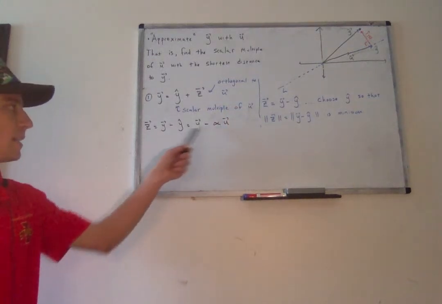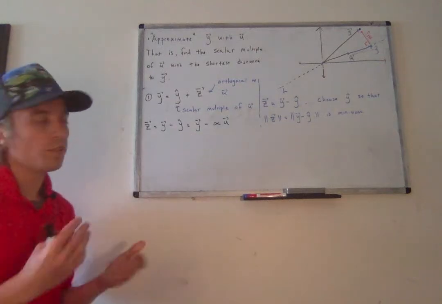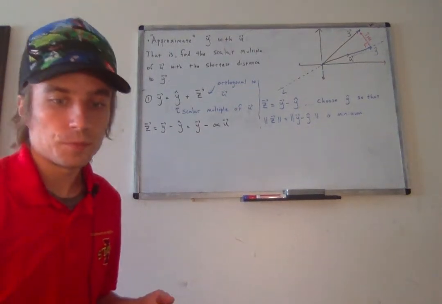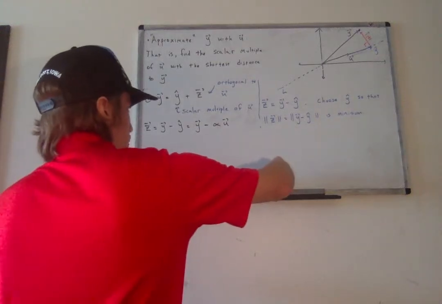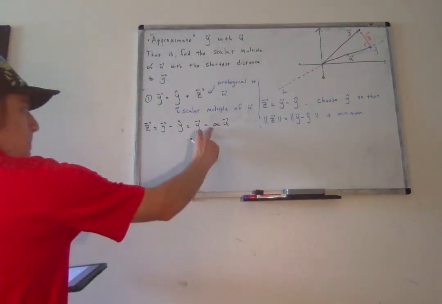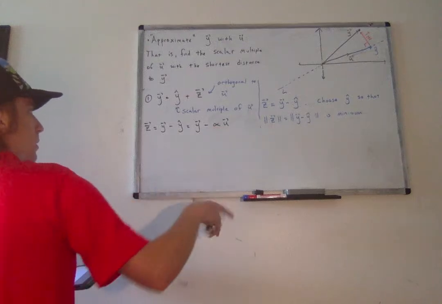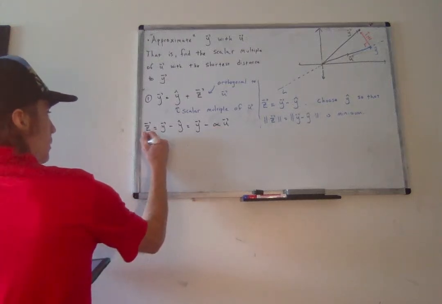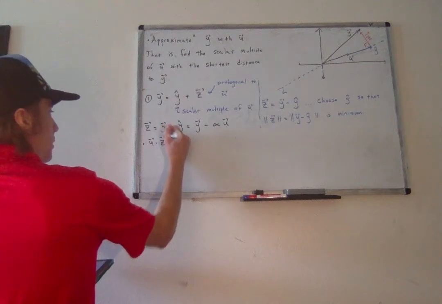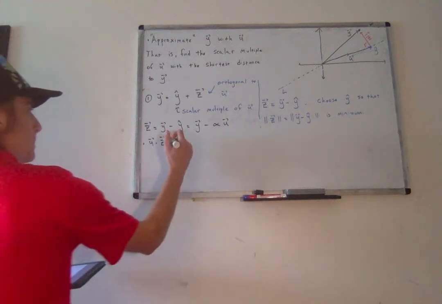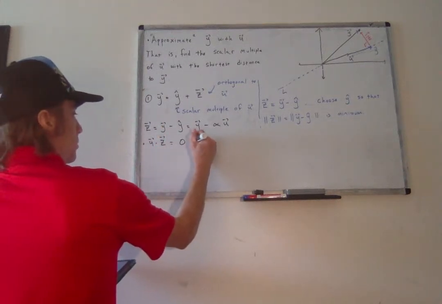So y hat is equal to alpha times u, where alpha is just some scalar that we've chosen. What we want is to choose this scalar alpha so that the dot product of u and z is equal to 0.